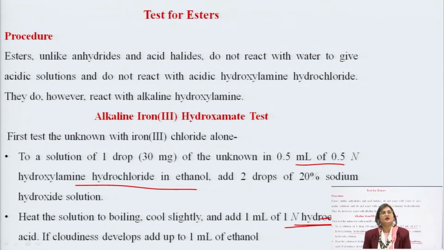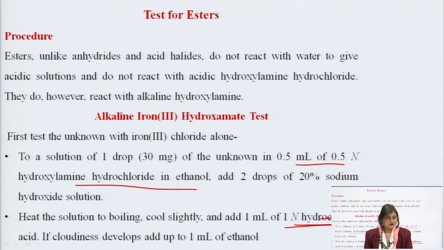So, for the testing of esters, the first test is the alkaline iron hydroxamate test, where 1 drop of the unknown is mixed with 0.5 ml of hydroxylamine hydrochloride, dissolved in 20% sodium hydroxide solution. Next, this solution is heated and boiled and 1 ml of hydrochloric acid is added.